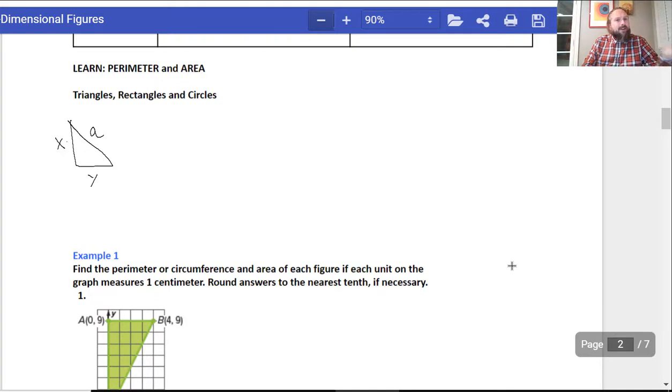Sometimes we could figure it out by just counting, and other times we're going to have to use the distance formula. The area is equal to the length times the height, multiplied by 1/2. For rectangles, that's going to be length times width.